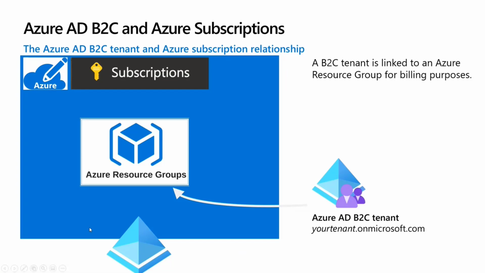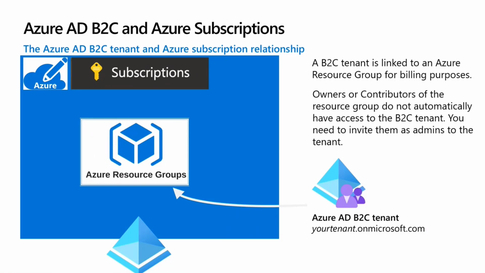What does happen also is that you as a user, when you do deploy the first tenant, you become the initial global admin, the root user, etc. And you're the only one who can switch directory and start using this B2C tenant. If you add owners or contributors, etc., to this resource group, they don't really get access into the tenant.